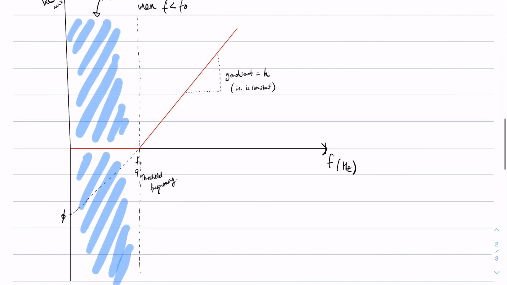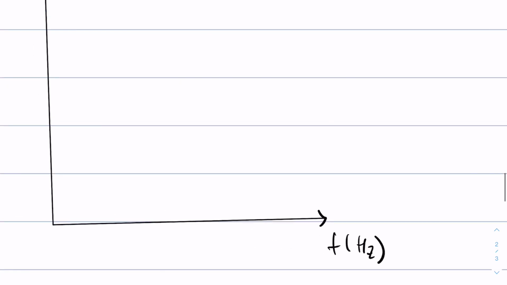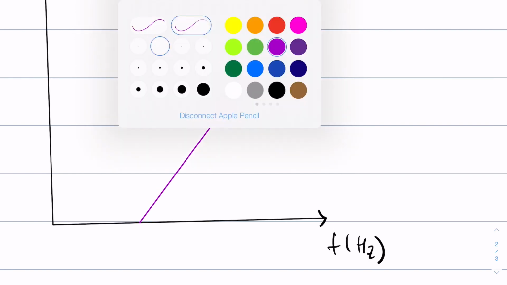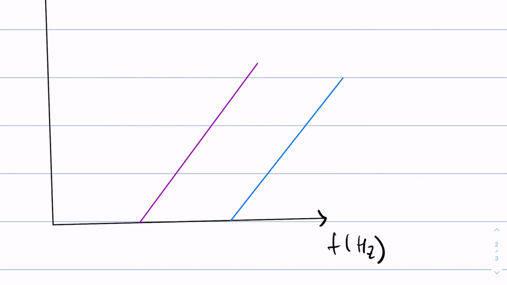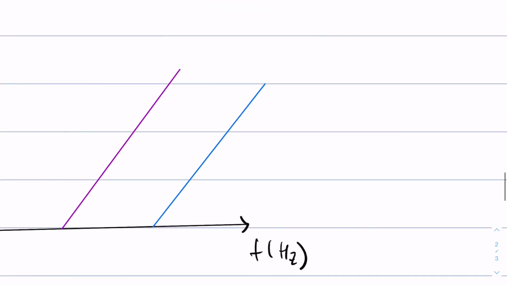Okay, so we've got our graph here and we've understood everything here. Let's do another graph just quickly to demonstrate the nature of the gradient. Let's quickly label. Now, if I were to get two different colors, purple and blue, clearly these are the same gradient.